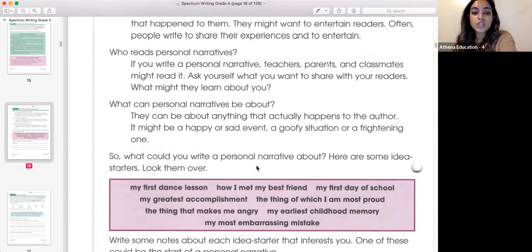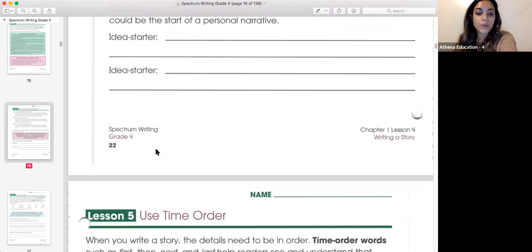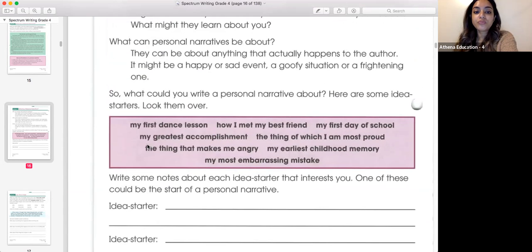So what we're going to do now is write a personal narrative. What could you write a personal narrative about? Here are some idea starters. Look them over. You can write about any of these ideas or anything else that you want to write about. So let's see.